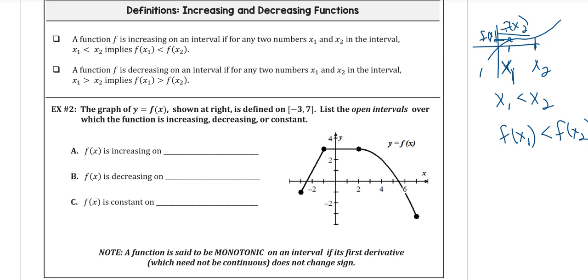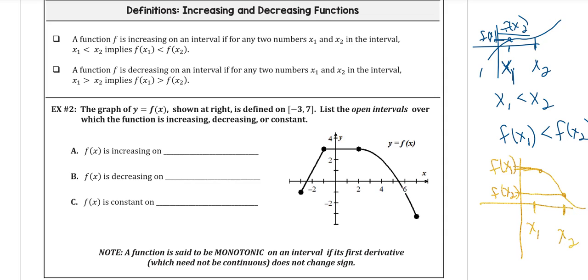Now, we can also say the same thing going the other direction. So if we have a graph, and here's my x1, and here's my x2, so here's my f of x1, and here's my f of x2.